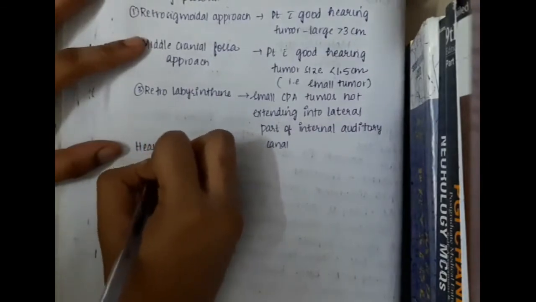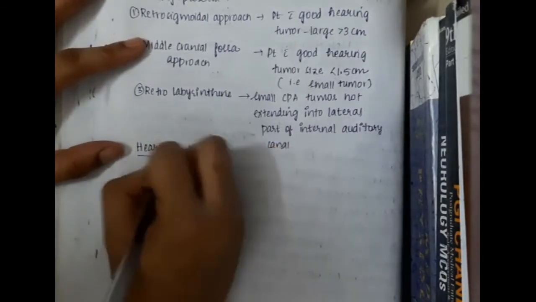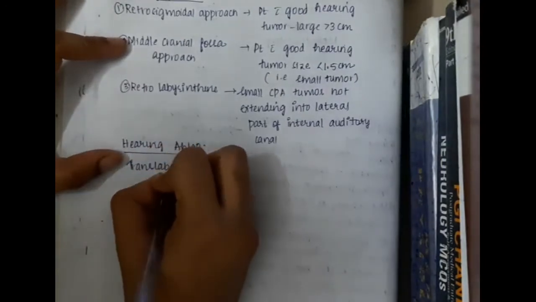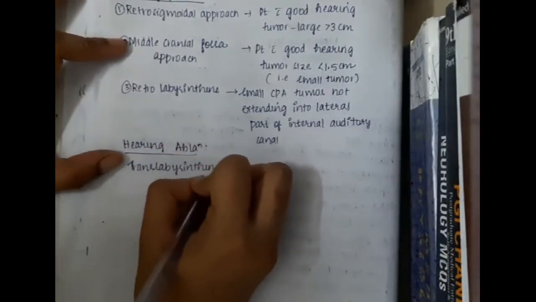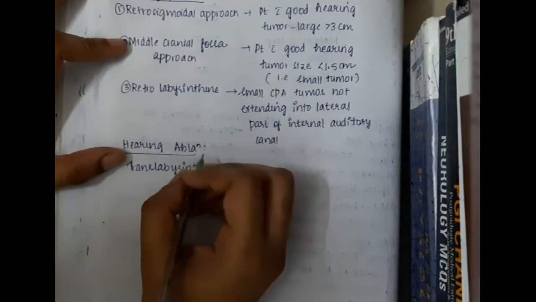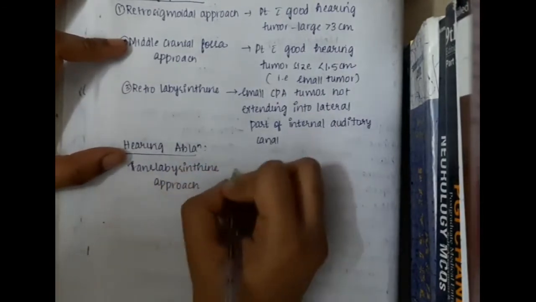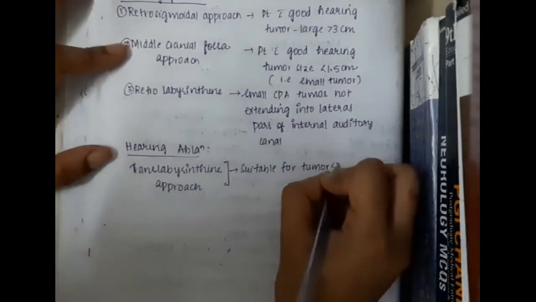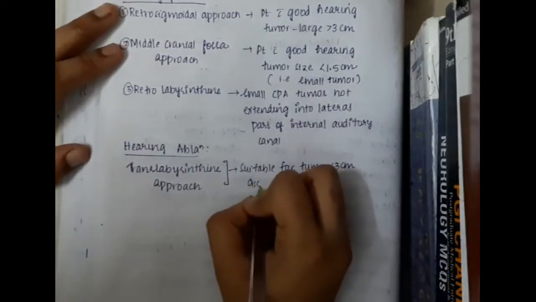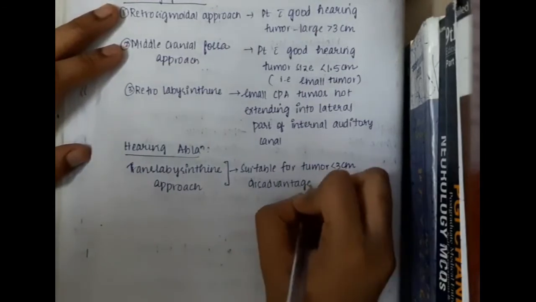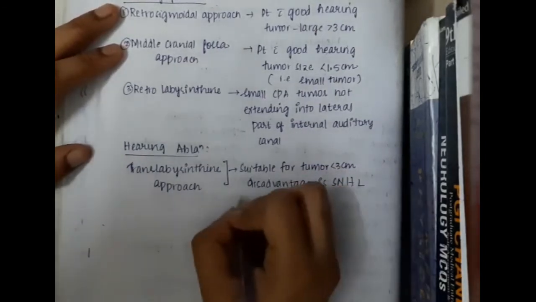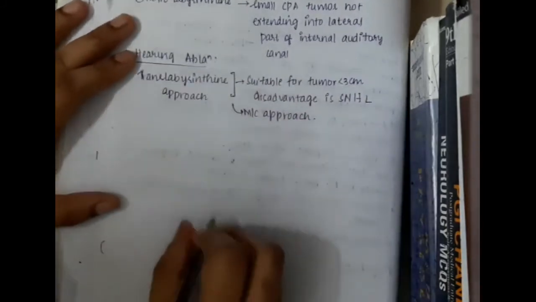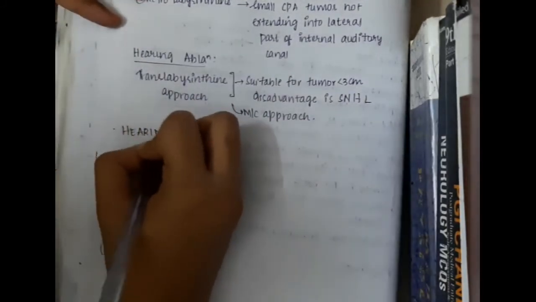Then hearing ablation can be done by the translabyrinthine approach, if the tumor size is less than 3 centimeters. But the main disadvantage is that we are making the patient lose the ear, because sensorineural hearing loss will occur after the surgery.